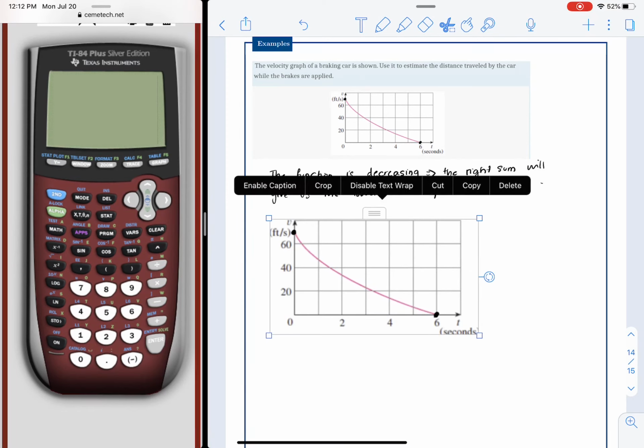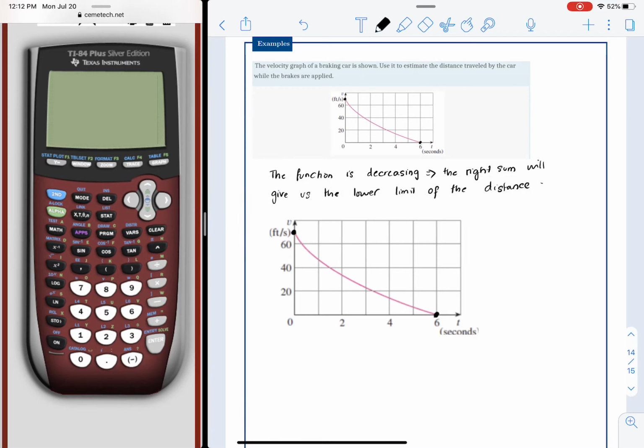So here we have the graph, and perhaps we can pick our endpoints at 5, 4, 3, 2, 1.